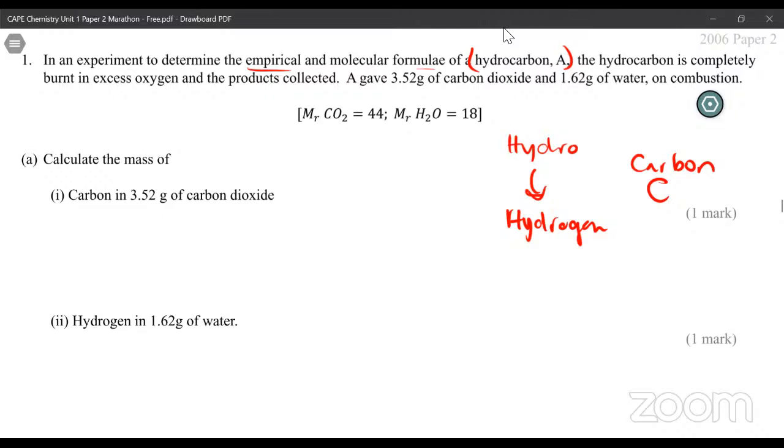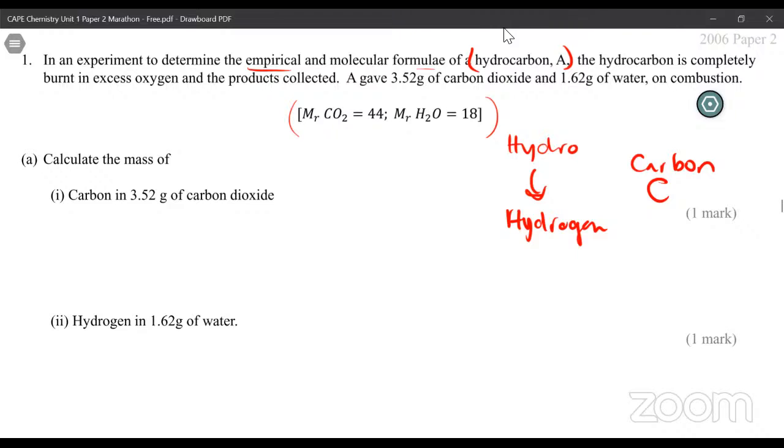So A gave 3.52 grams of carbon dioxide and 1.62 grams of water on combustion. They were nice. They gave you this, so you don't have to calculate the molecular masses. So they want you to calculate the mass of carbon in 3.52 grams of carbon dioxide.